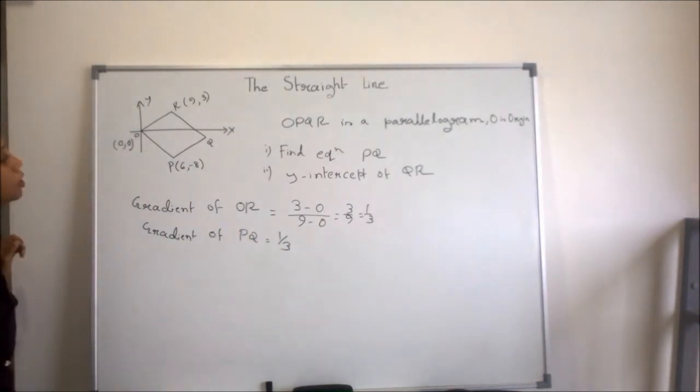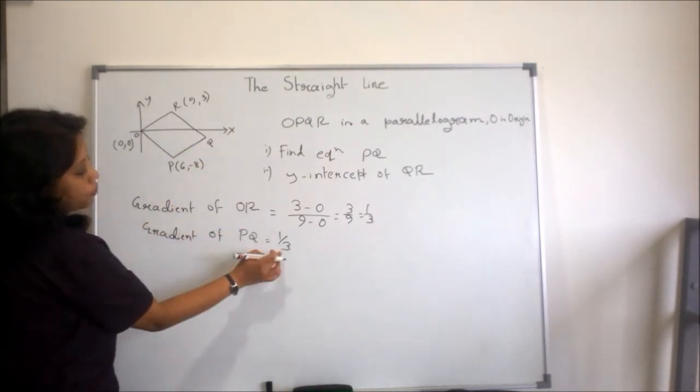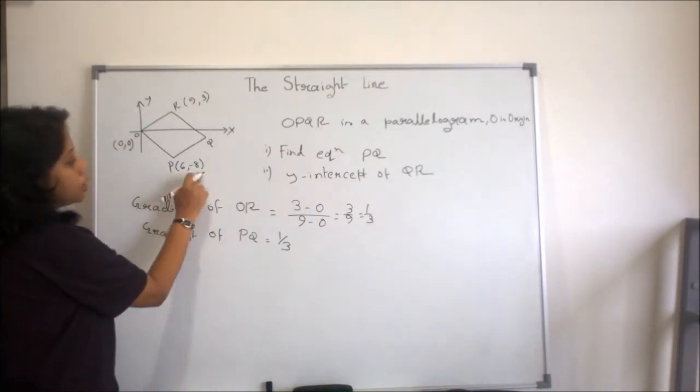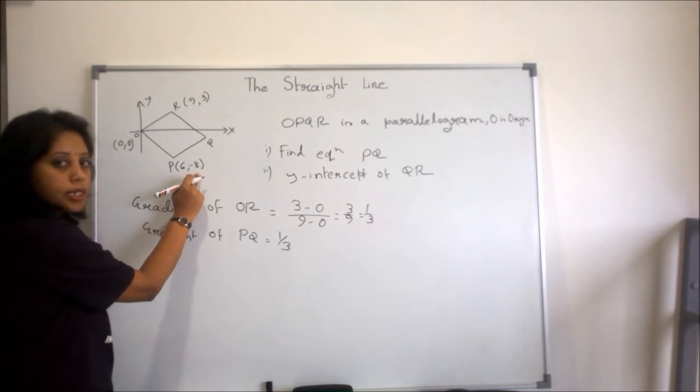So we know that the gradient of the line PQ is 1/3, and it passes through the point P (6, -8). So it is easy to find the equation of this line.